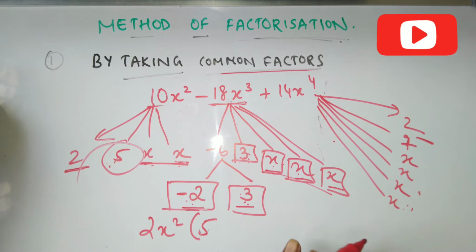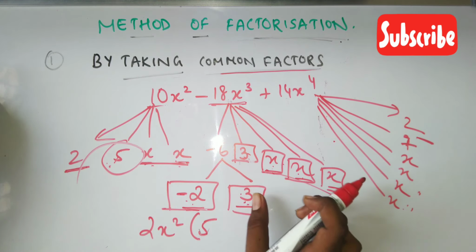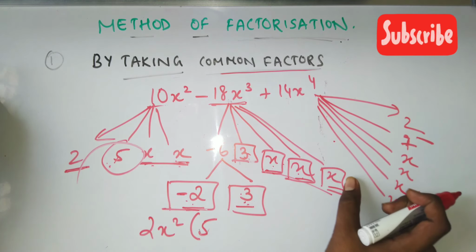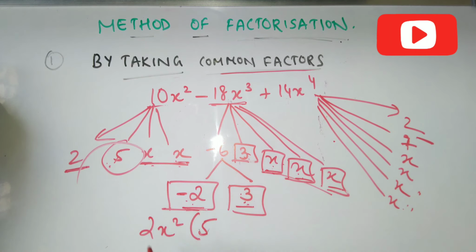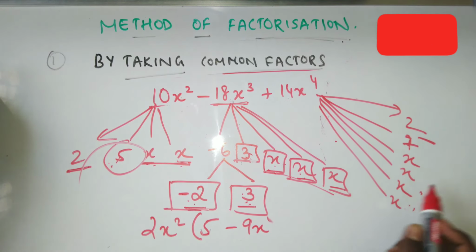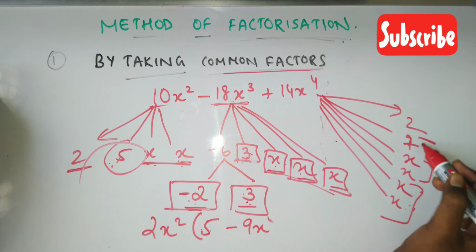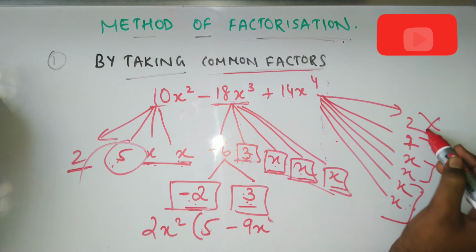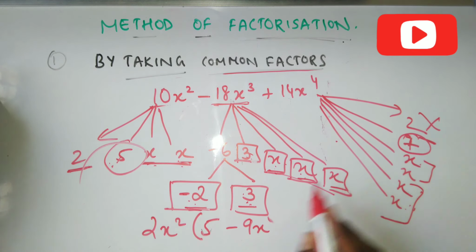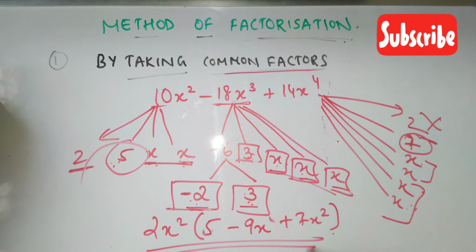What is remaining is this x and 3, 3. 3 3s are 9, 9 into x, and since the minus sign is there, minus 9x. Now in the third term, 2 has gone, x square has gone, and the remaining is 7 into x square, so plus 7x square. So this will be the final answer.